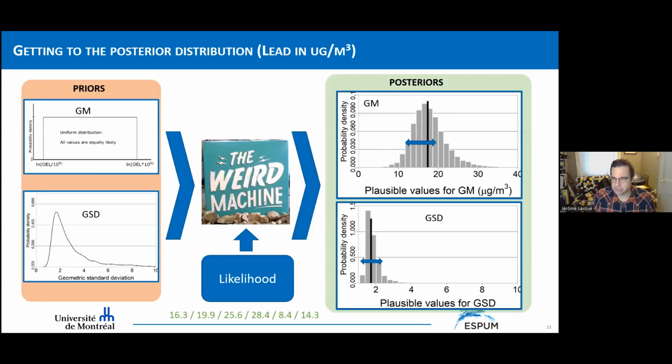So this is an example using our own tool at University of Montreal, ExpoStats. And it's interpreting a sample from the lead dataset that I mentioned yesterday. So at the bottom here, we have 6 samples, 6 measurements that are going to be used for the likelihood.